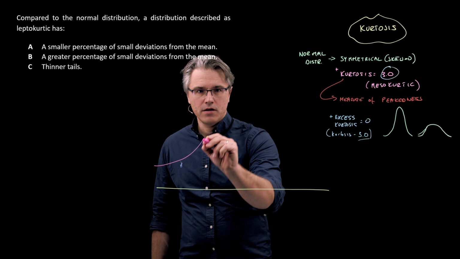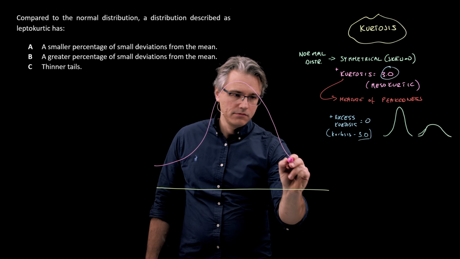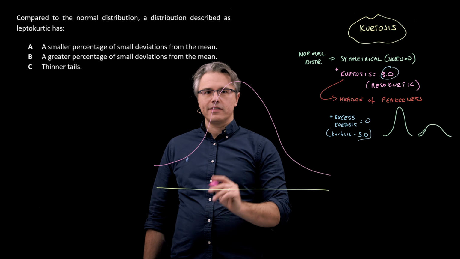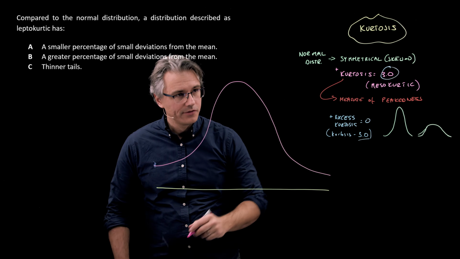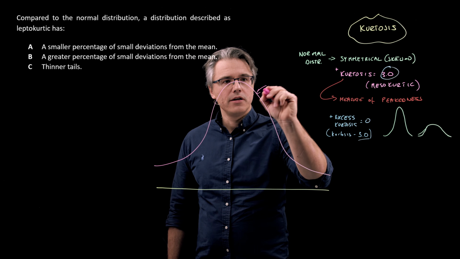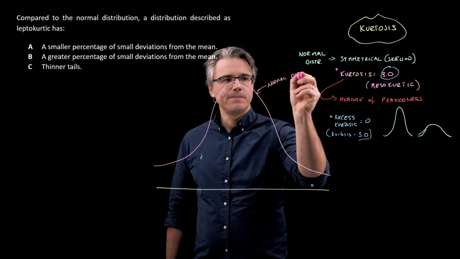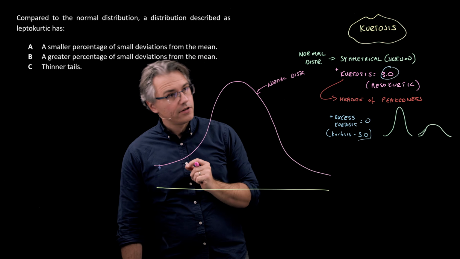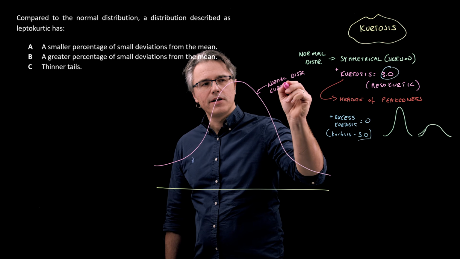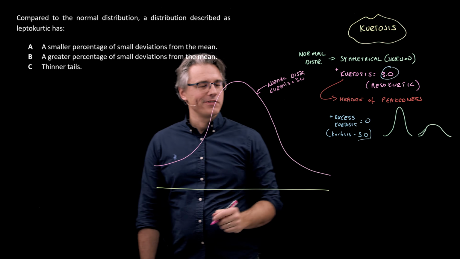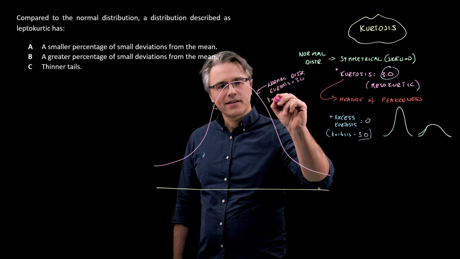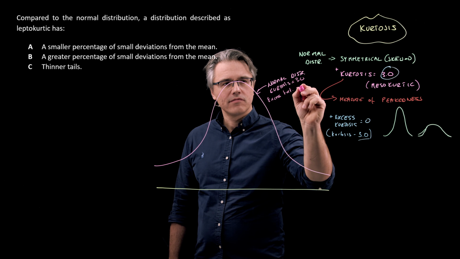So here it goes. Not perfect, not exactly symmetrical, but I gave it my best shot. So this is going to be my normal distribution, one which has a kurtosis of 3. It's obviously symmetrical, even if it doesn't look precisely symmetrical here. And in terms of excess kurtosis, that's 0.